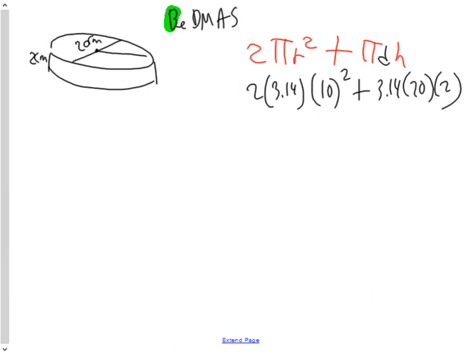Your second step is exponents, which we do have right here. So the first thing I'm going to simplify is that exponent of 2. So I'm going to keep 2, 3.14, and 10 squared is 100. So when I simplify all that up, I've just finished the E of my BEDMAS.